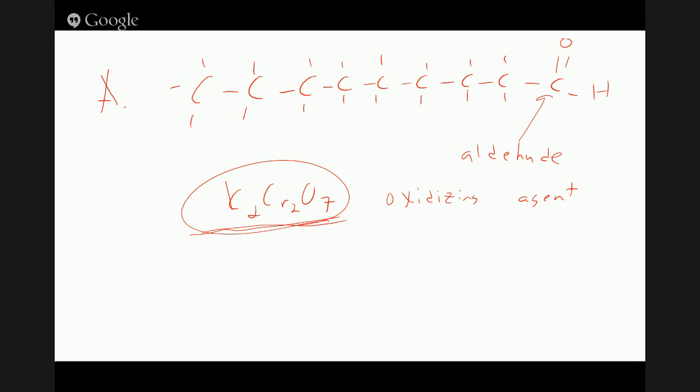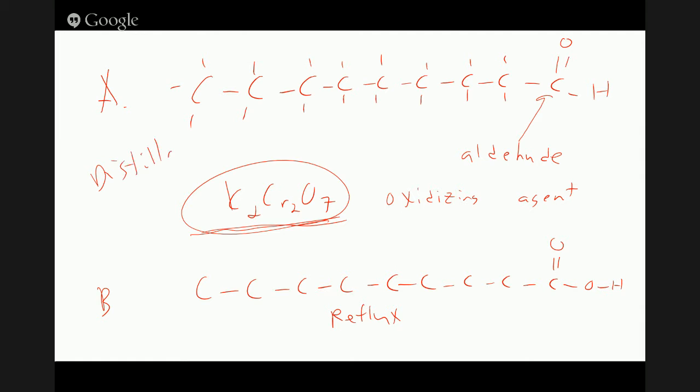Because I have an aldehyde, if I'm going to make the reaction continue under reflux, then I'll get product B, which would be a carboxylic acid. So 5, 6, 7, 8, 9 carbons, and now I have the carboxylic acid. That's product B. Product B would happen under reflux. Product A would happen under distillation.